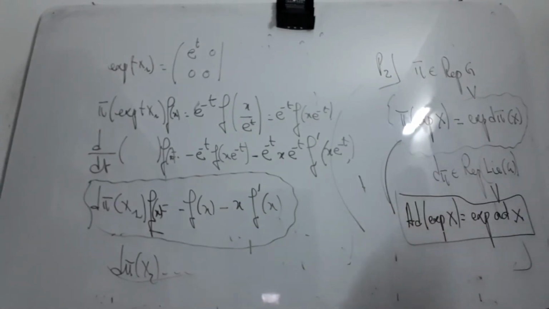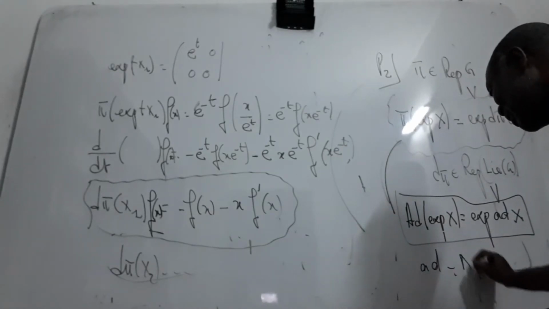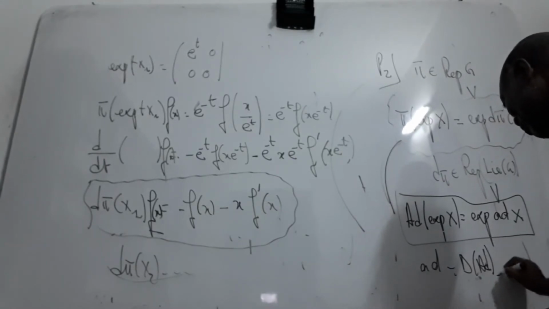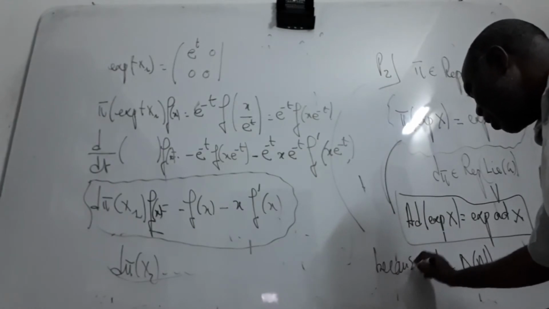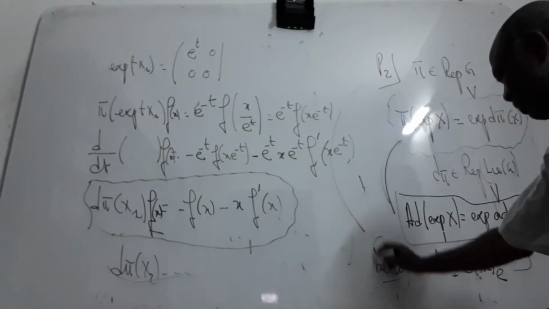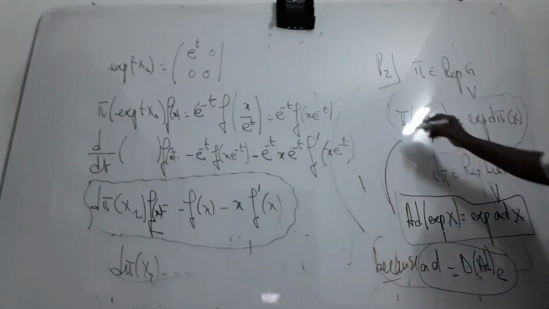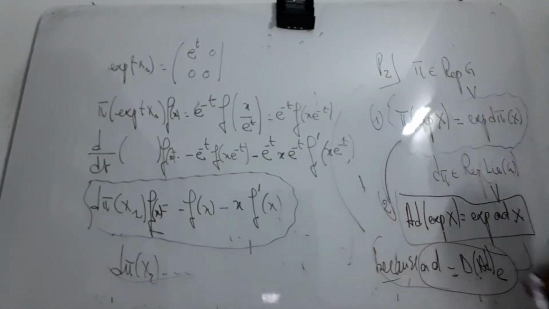It's just the same, because the small ad is just the derivative of the capital Ad. So this is just a consequence of this.